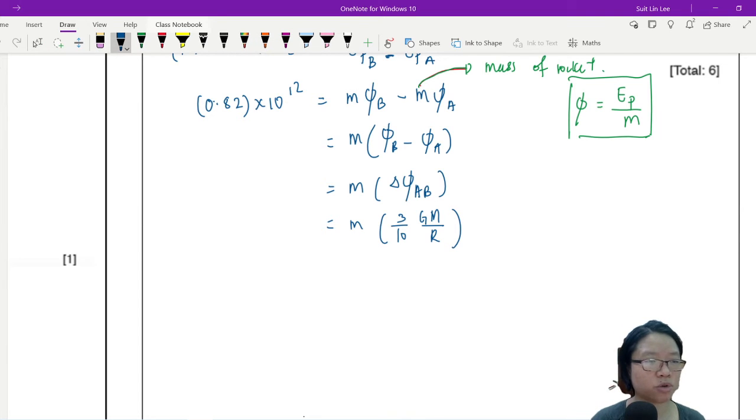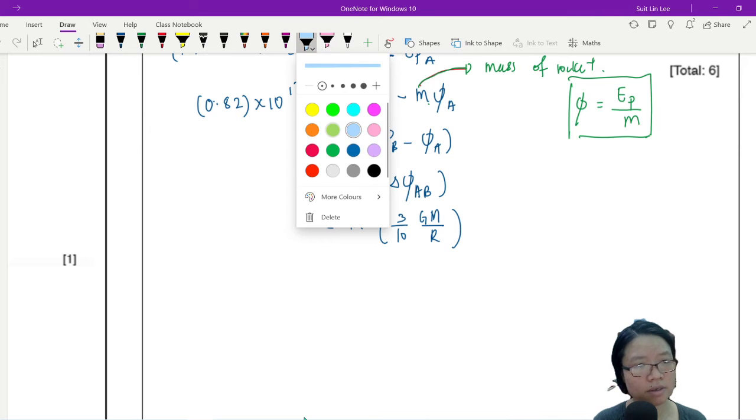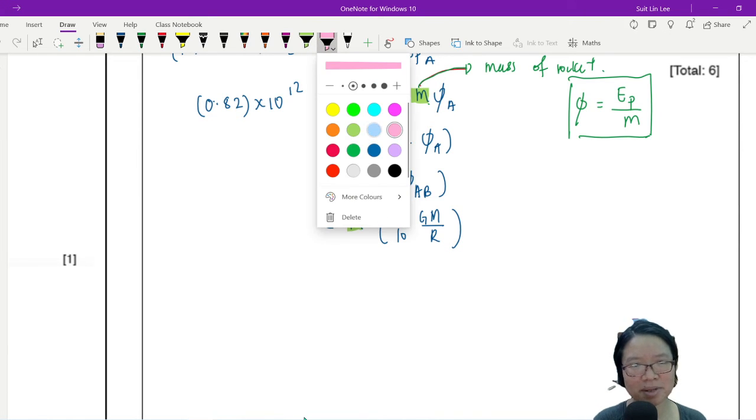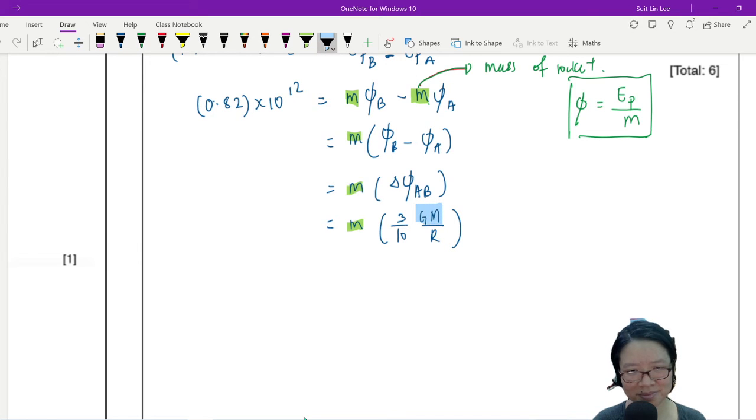Before we get too excited, let's remind ourselves again. This cannot be M squared. This is the mass of the rocket. I'm going to use green highlight. This is the mass of the rocket. What about this M? This GM is the planet's GM. They are doing this to prevent you from substituting the wrong mass or power of 2 and then you get lost.